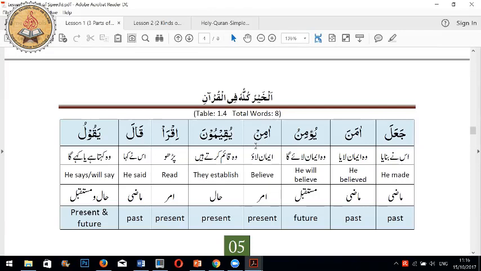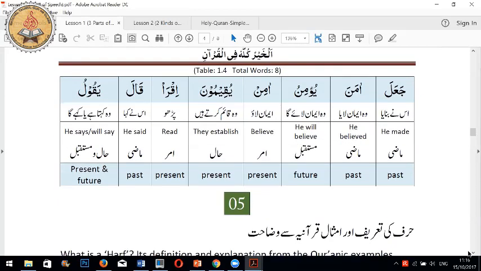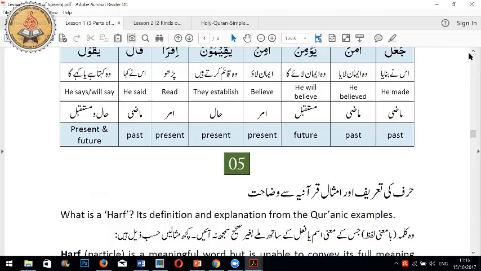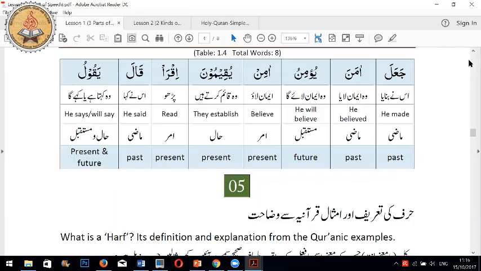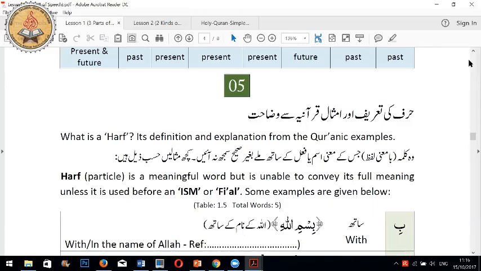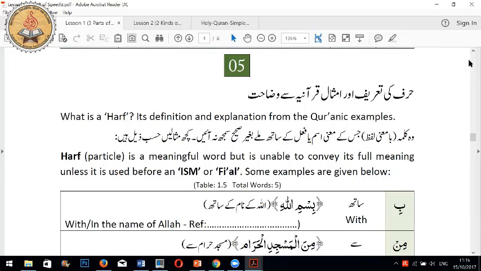We come to this conclusion, just keep in mind this one: past, present, and future. And we come to point number 05. And this is the third category in our kalima. So what is harf?